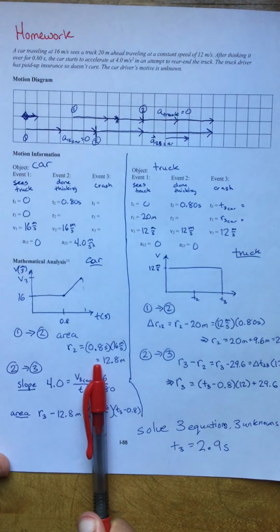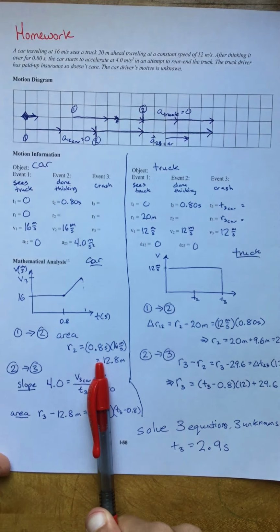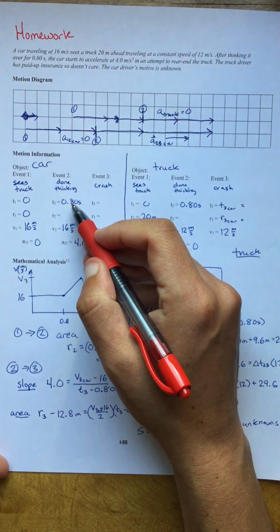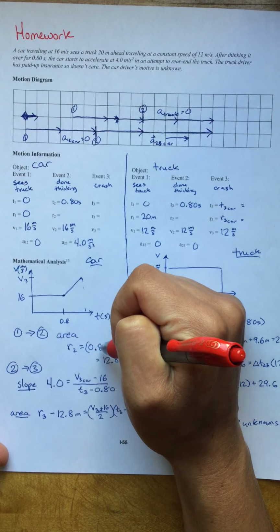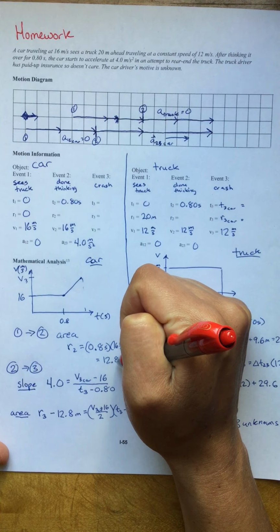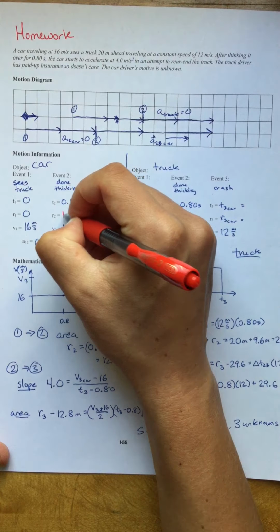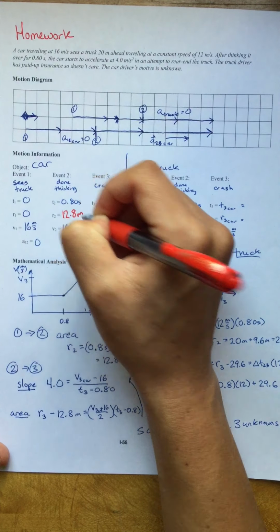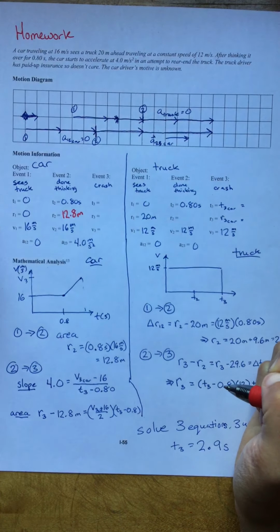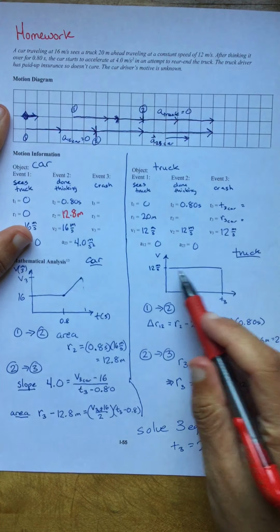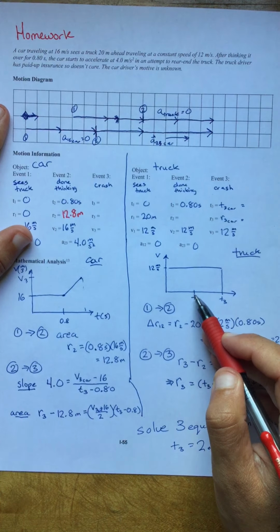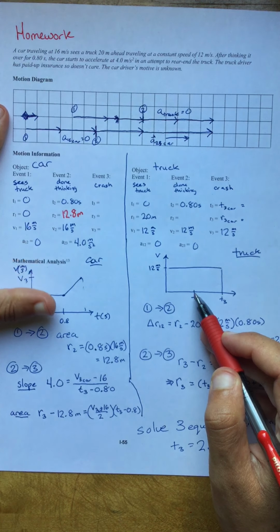I look between event 1 and event 2 for the car. I know the time is 0.8 seconds, the velocity is 16, so I just multiply the base times the height, 0.8 times 16 to get 12.8 meters, and that is R2 for the car. Then for the truck, similarly, I'm looking for the area underneath the curve up until we get to T2.